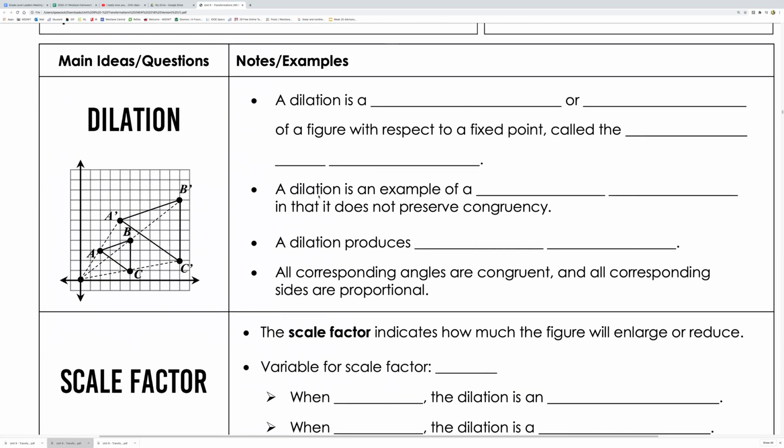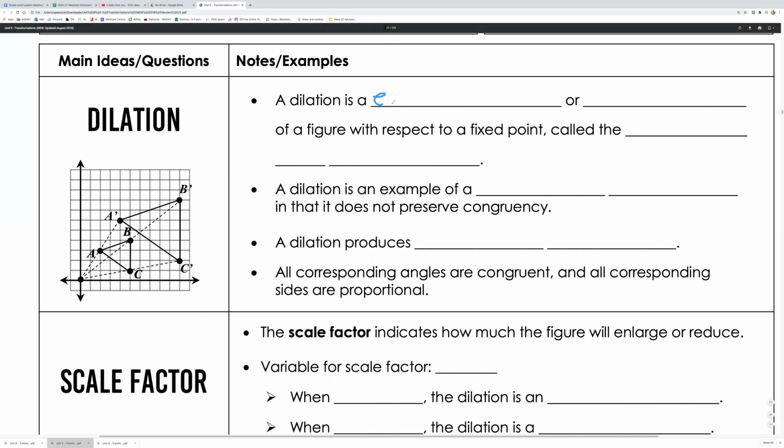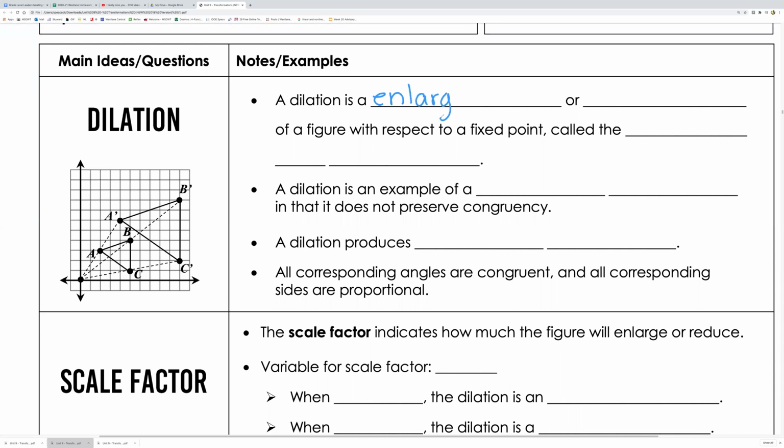Okay, so dilation is an enlargement or reduction of a figure with respect to a fixed point called the center of dilation.